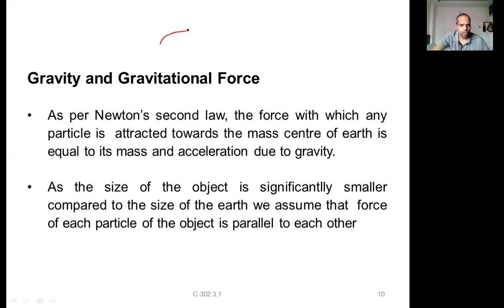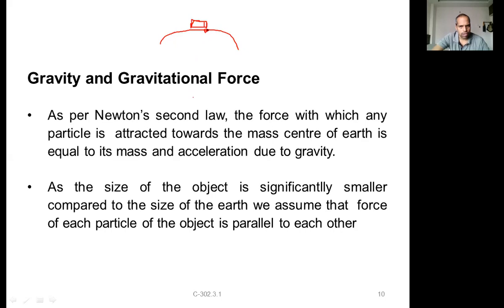Let us say this is your earth surface, and this is your body. This weight acts through here, at this point like this, and for this particle at this point like this. Let us say this is the center of the earth.